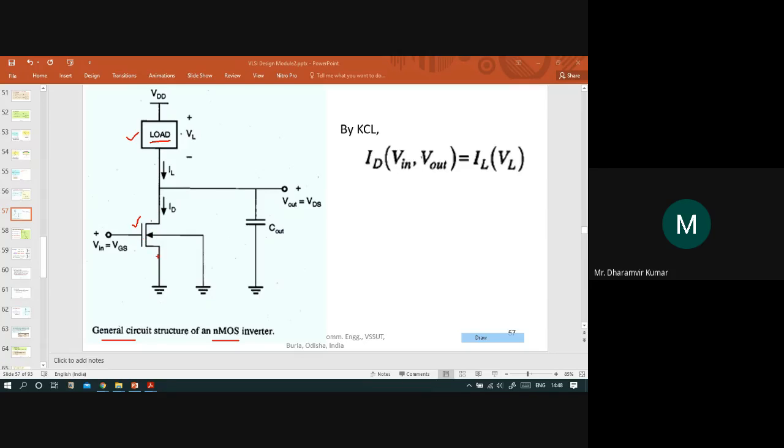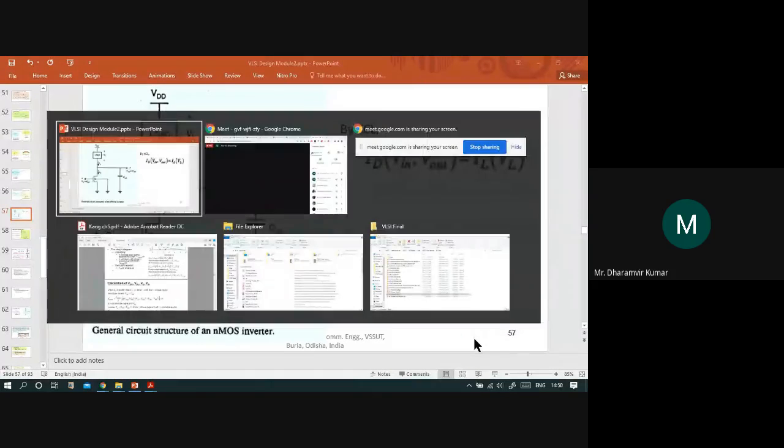Remember that the source of NMOS is connected to ground or the lowest potential available. This is the body or the substrate. The body is also connected to the lowest potential available, by default. And this is the input, this is the gate terminal.